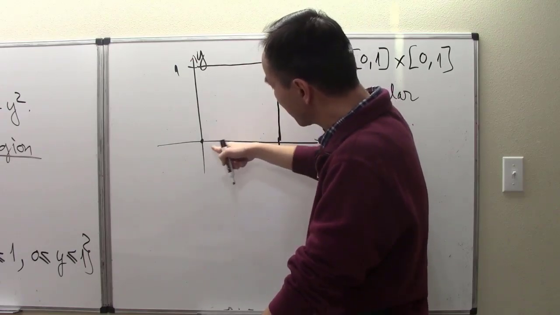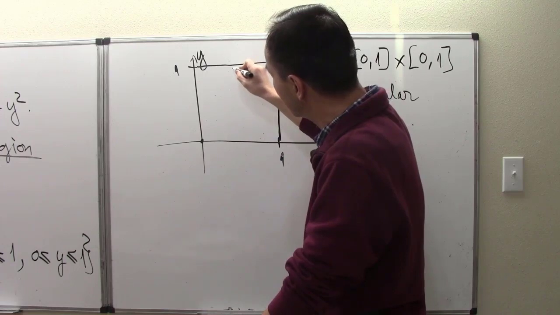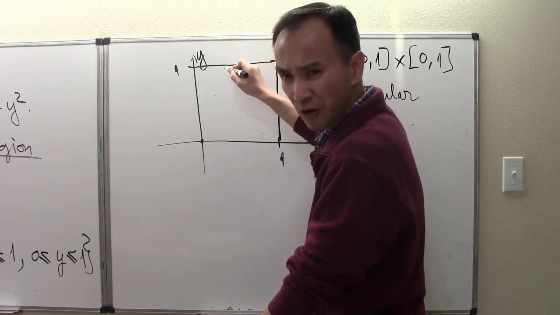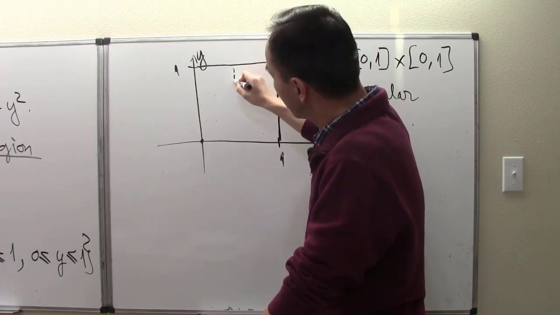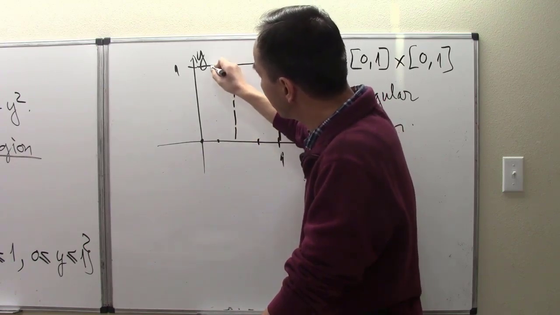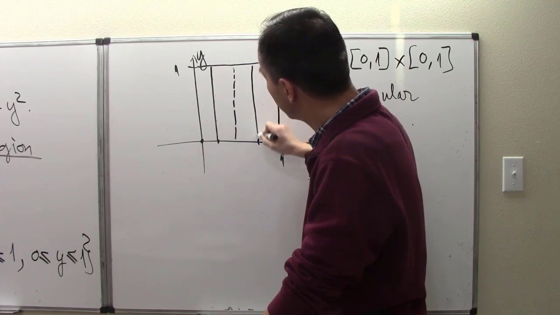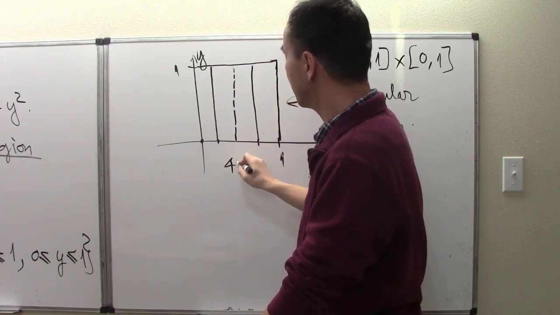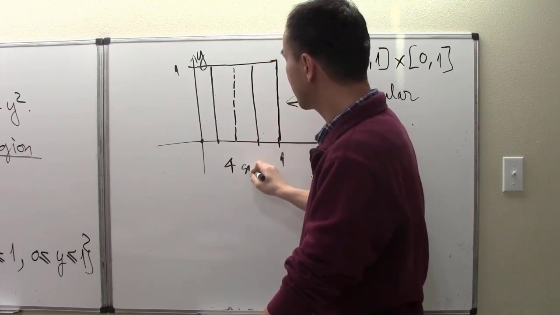So we're going to break this interval on the x-axis into a few sub-intervals. Let's say at the start I'm going to break that into 4 sub-intervals.